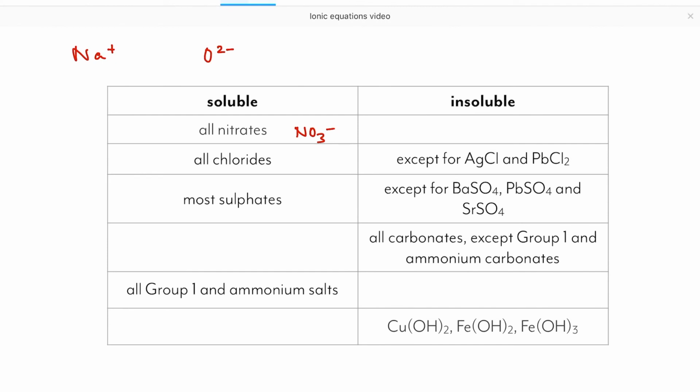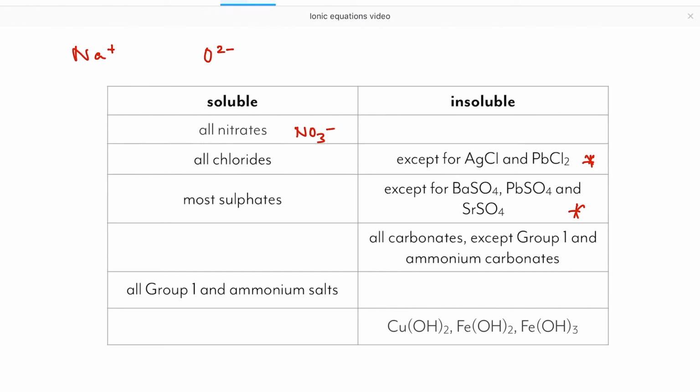Equally, you should have a feel for what type of ionic compounds are soluble and which are insoluble. So generally speaking, all nitrates and chlorides, and most sulfates are soluble, but we have some exceptions: silver chloride, lead chloride, and barium, lead and strontium sulfates. Most carbonates are insoluble, apart from group 1 and ammonium carbonates. All group 1 and ammonium salts are soluble.